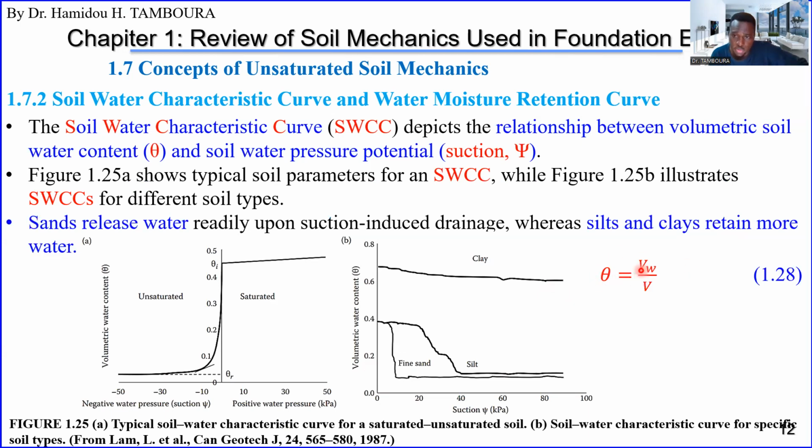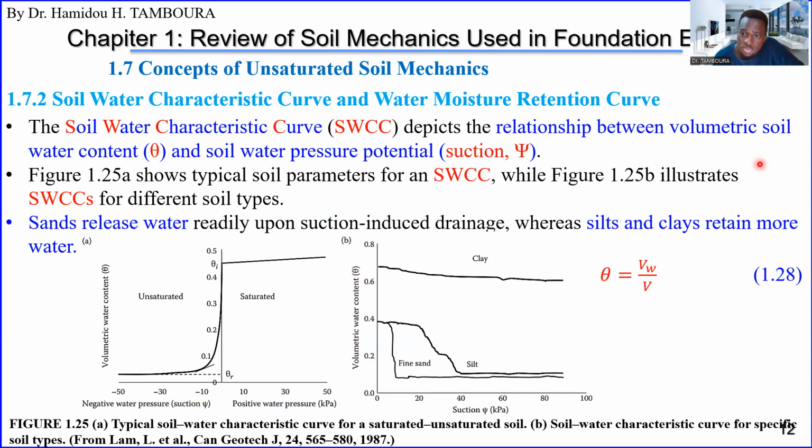So if you remember, for omega, water content, it was the weight of water divided by the total weight of the soil. However, volumetric soil water content uses the volume of water divided by the total volume.